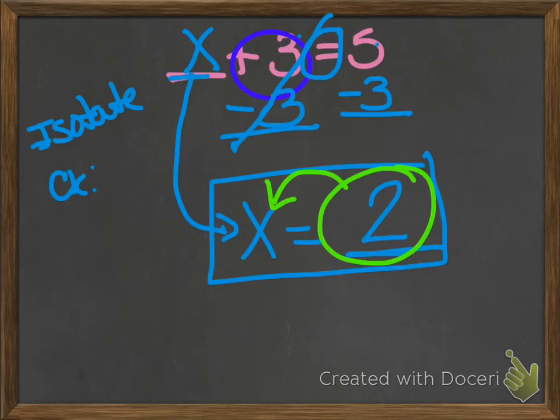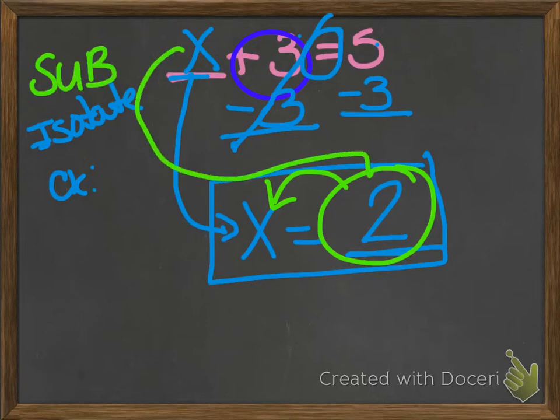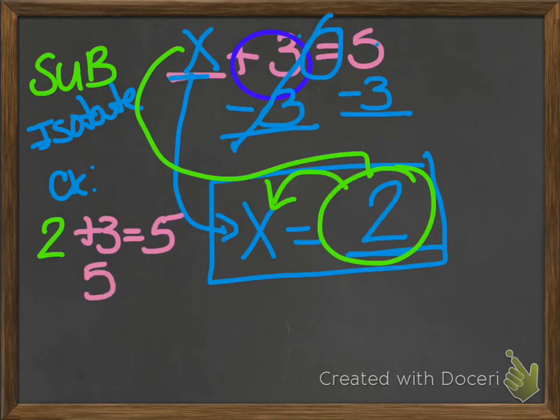So we're going to substitute 2 for x. Instead of x, we're going to put 2, and then plus 3 equals 5. Well, does 2 plus 3 equal 5? Yes. It's the same on both sides, so it means we got the right answer.